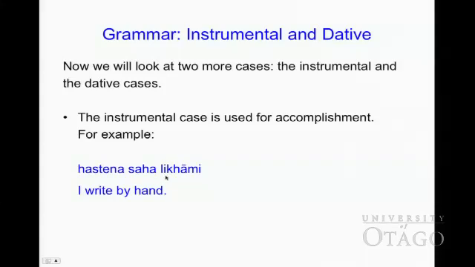Lik means write. Likhami means I write. Hastena, hasta means hand, hastena, by hand. Saha is indeclinable, meaning with or together with. So you can translate as I write by hand.